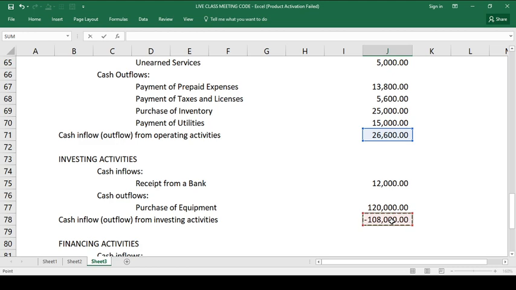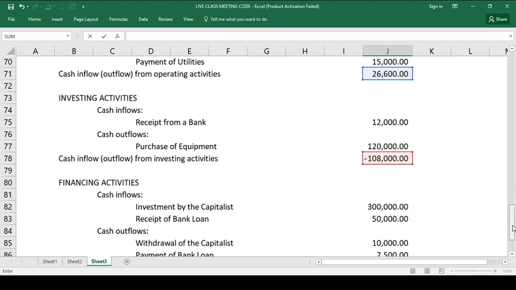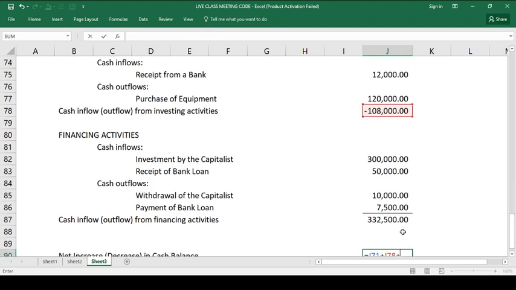Ayun, i-add naman natin. Okay, wag mong ibawas, ha? Okay, i-add para yung negative sign mag-effect. Okay? And then, add ulit yung cash inflow and outflow of the financing activities. Okay? So, dapat yon, i-add natin.